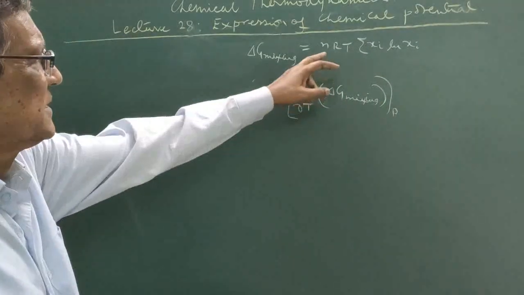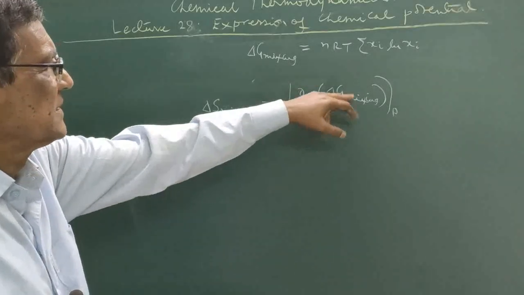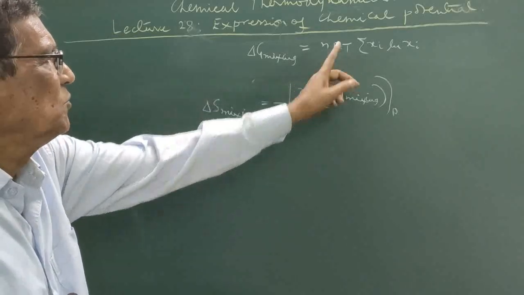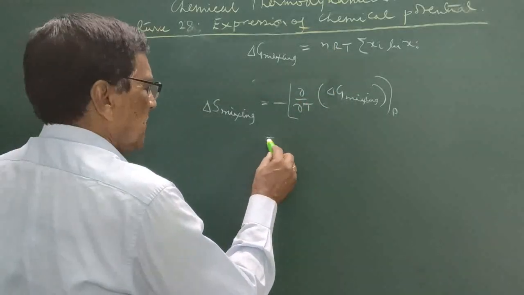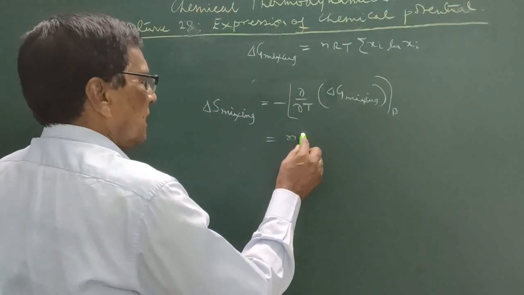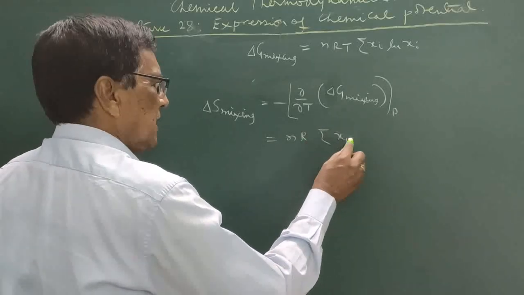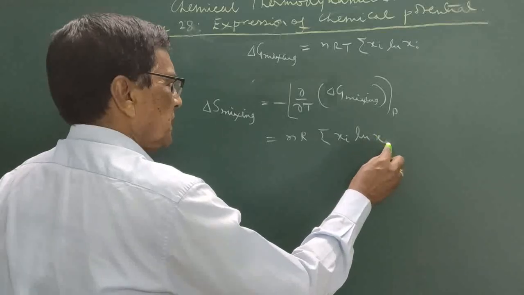Whenever this delta G mixing is differentiated with respect to T, the T is cancelled and it becomes minus nR times the summation of xi ln xi.